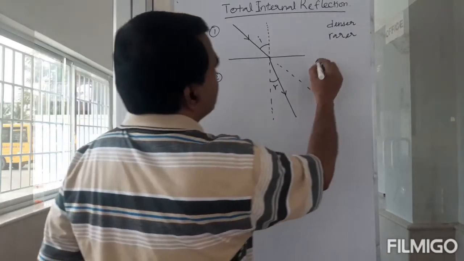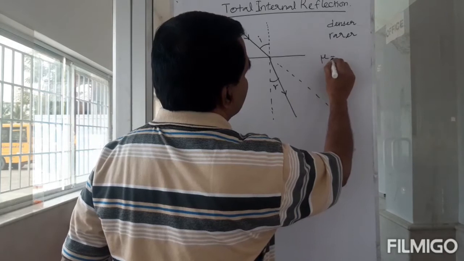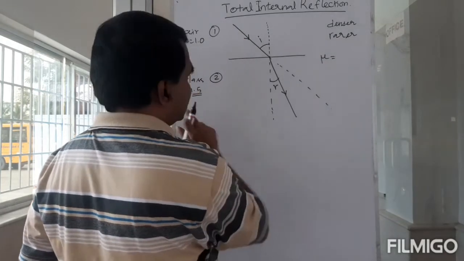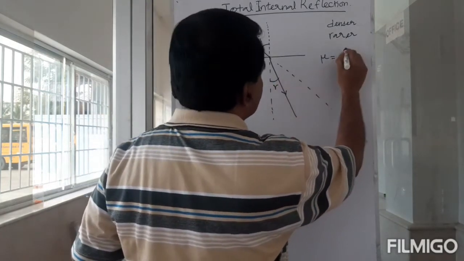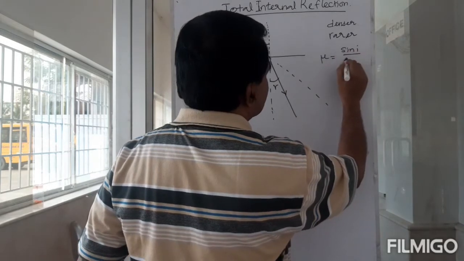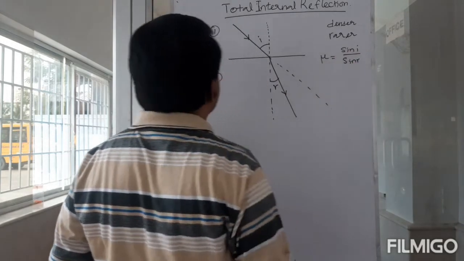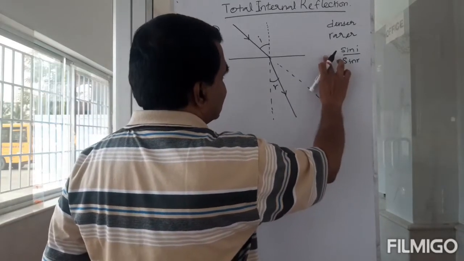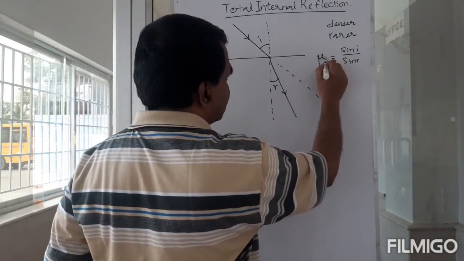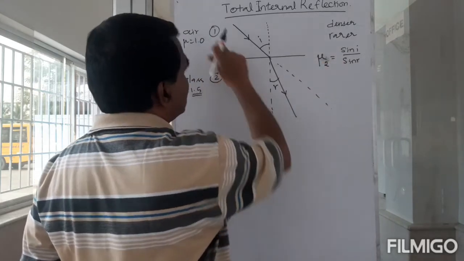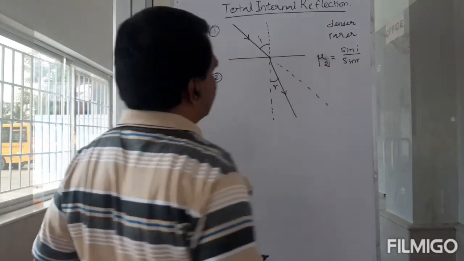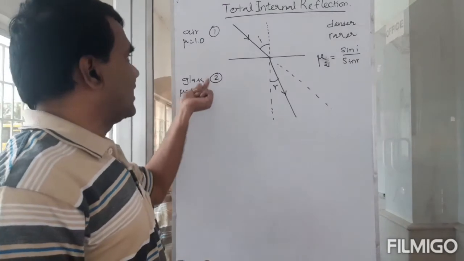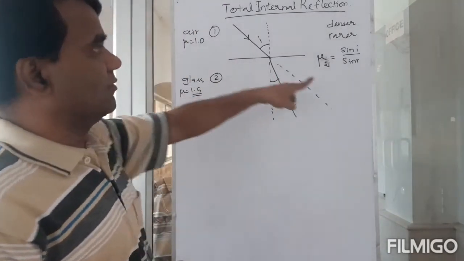And this refractive index is given by sine i by sine r. You have to be careful here. When you say mu, this is the refractive index of medium 2 with respect to medium 1. So this is the refractive index of glass with respect to air.